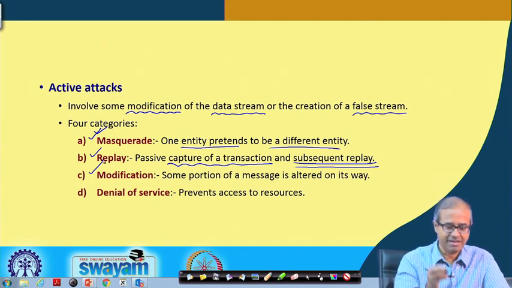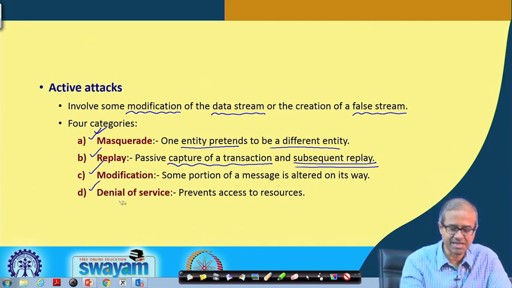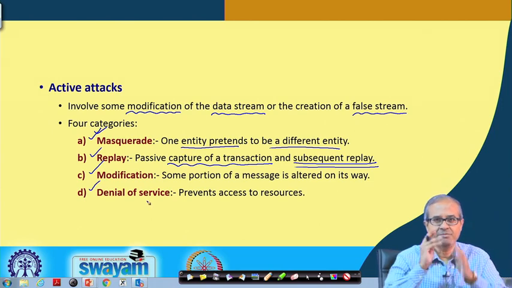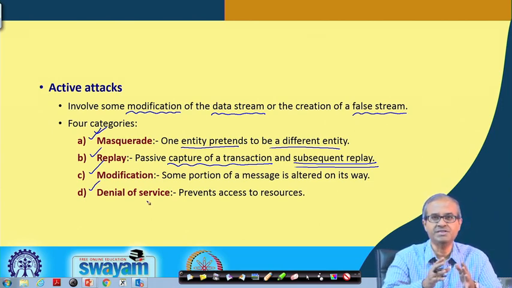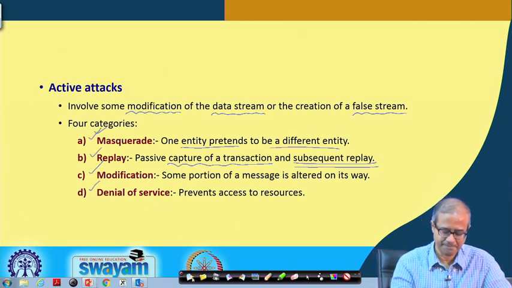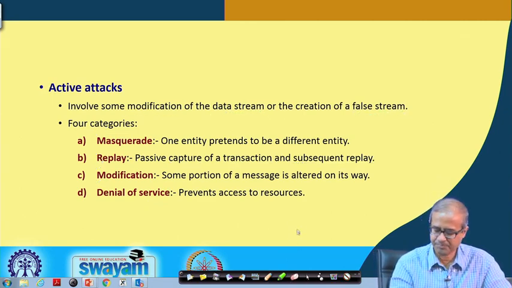And lastly, this is exactly not a modification, but by doing something you are preventing someone from accessing some facility or some service. This is a denial of service attack. This is also very common.